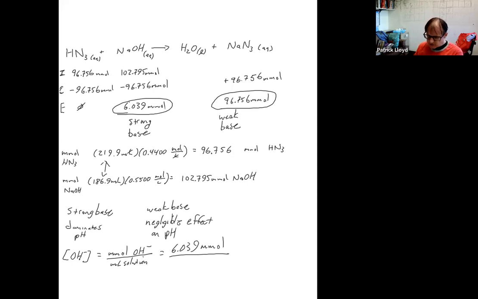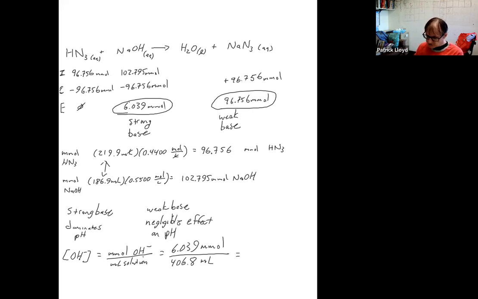So if we add those two volumes together, 219.9 plus 186.9, you get 406.8. Okay. Now what I'm going to do is calculate the concentration.